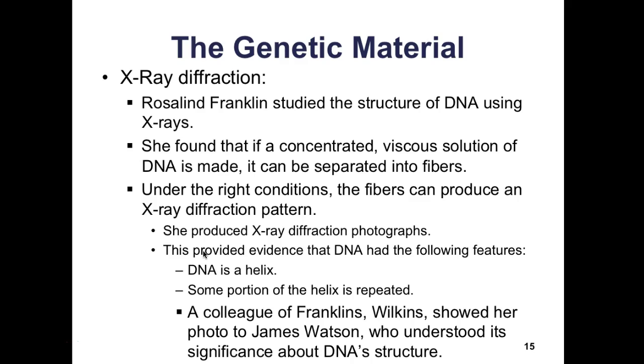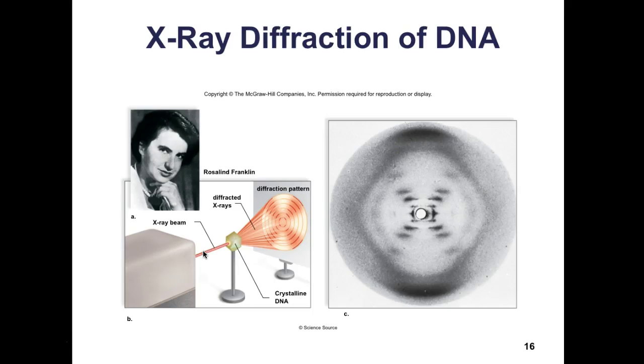Ultimately, a colleague of Franklin's, Maurice Wilkins, showed her photograph to James Watson, who understood its significance about DNA structure. So there we see Rosalind Franklin and her X-ray diffraction there.